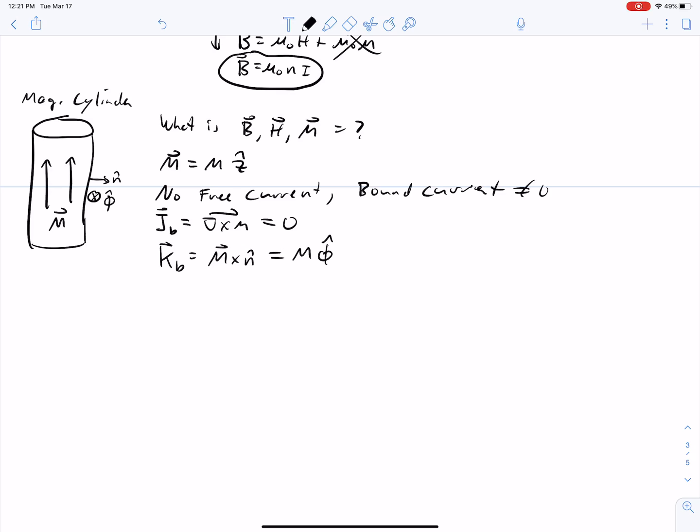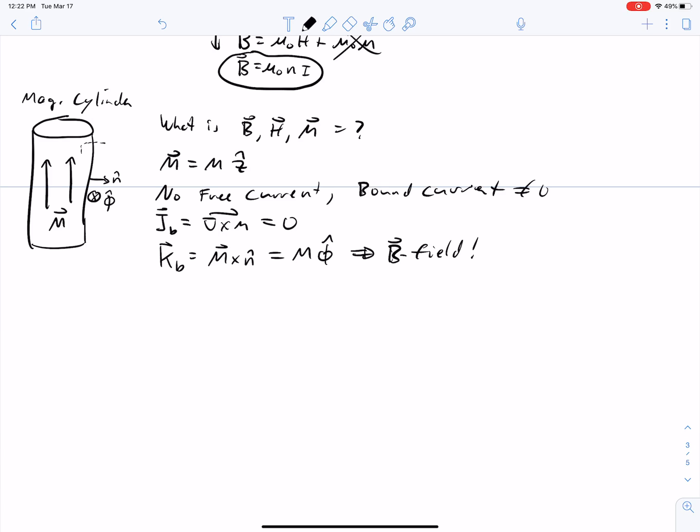So we do have a bound surface current density, and this bound current density leads to a B field. The B field comes from all the current, and this is the only current in the problem. And so we can do the same trick.